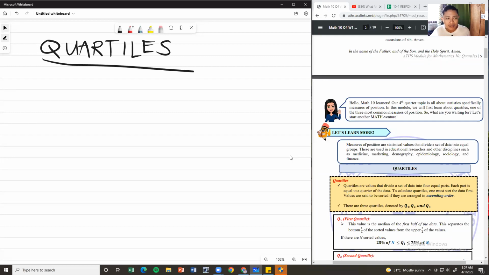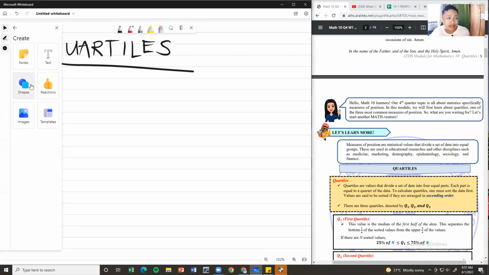Okay, so actually your classmates are correct. It is actually dividing the set of numbers into 4 equal parts. Dapat pare-pareho. How is that? Let's try to have this one.